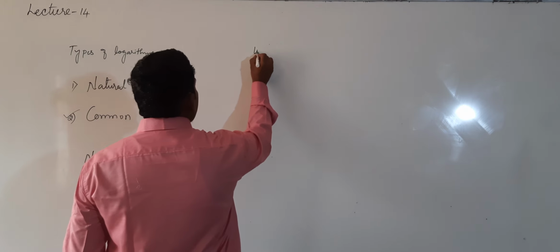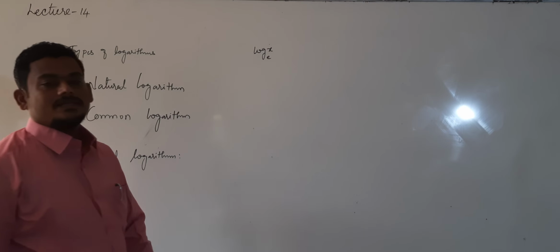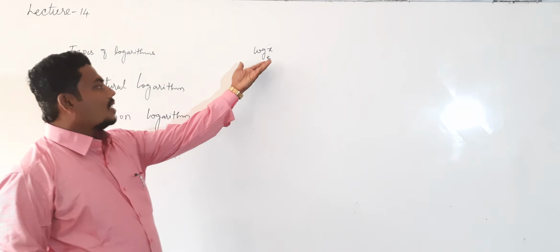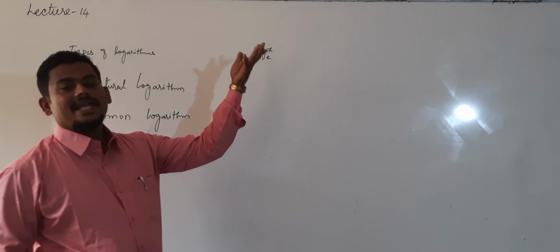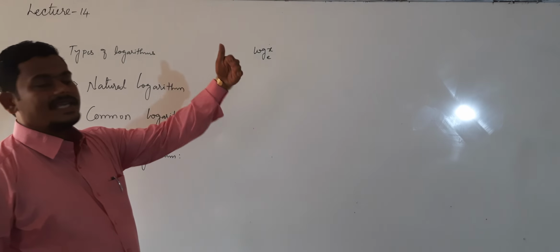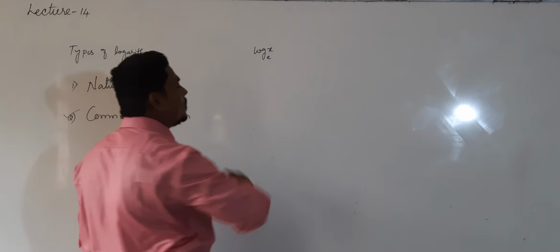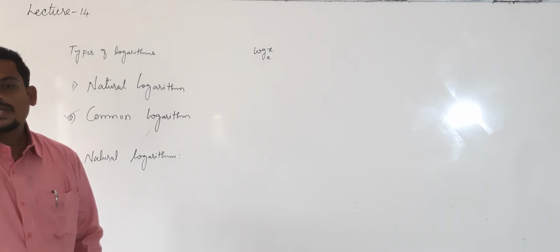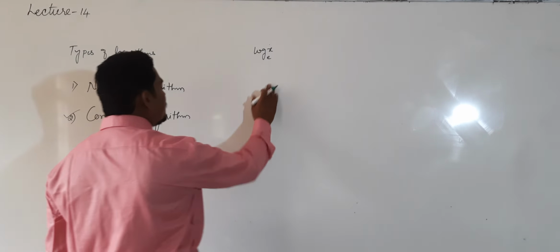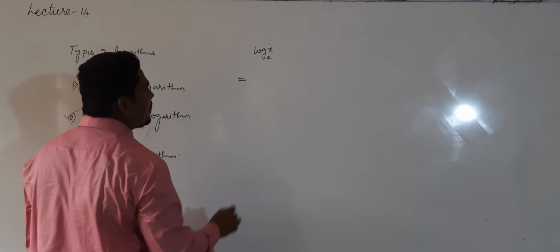For example, log x to the base e, it is natural logarithm. We can convert this natural logarithm into common logarithm. Log x to the base e, convert this into common logarithm, means change its base into 10 by using the change of base theorem.